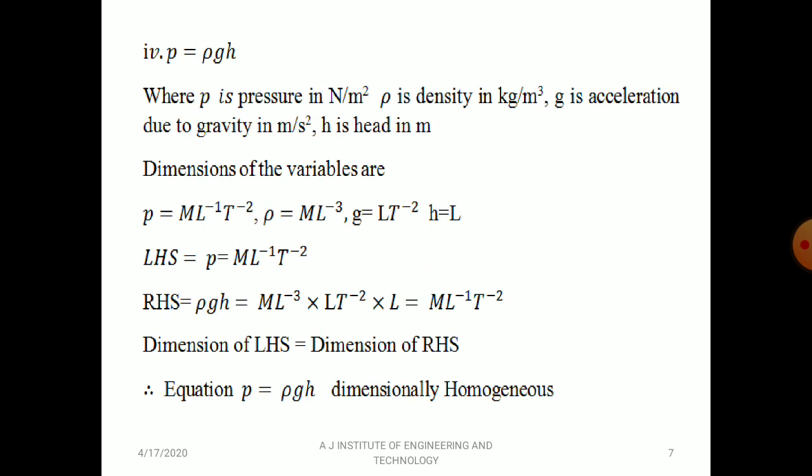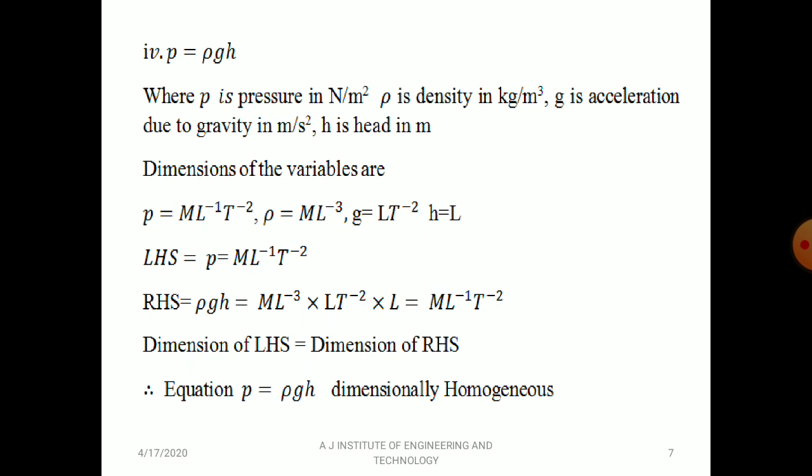Next, fourth one, pressure equals rho G H. P is the pressure, rho is density, G is acceleration due to gravity, H is the head or height in meter. Where P is pressure in Newton per meter square, rho is density in kg per meter cube, G is acceleration due to gravity in meter per second square, and H is head or height in meter.